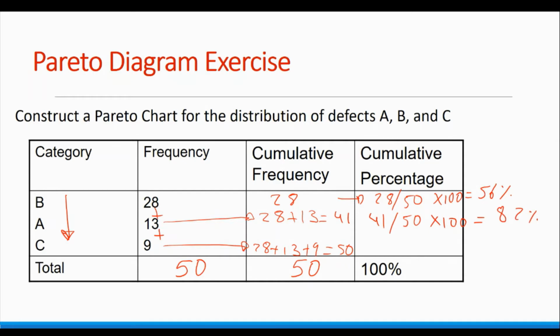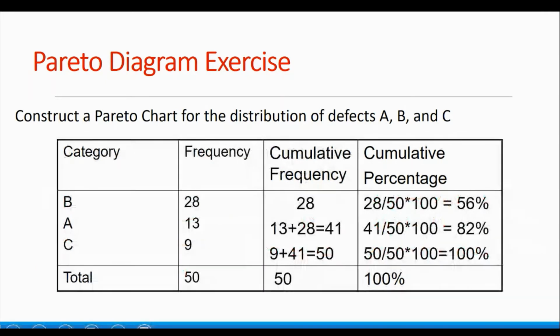And the last line for the cumulative of C, we are accumulating the frequency of B plus A plus C. In this case, we have had a total of 50 of them divided by the total of 50 times 100 equals 100%. Okay, so these are the calculations that we've done, just typed a little more neat for you.